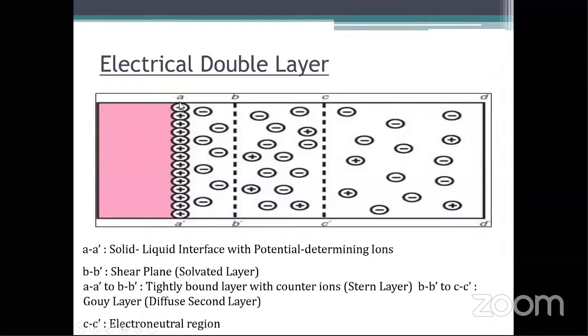Now, when adsorption of cation on the interface is complete, the interface is saturated with that cation. Then what will happen? All those cations attract a few anions. Just see, all these are anions.